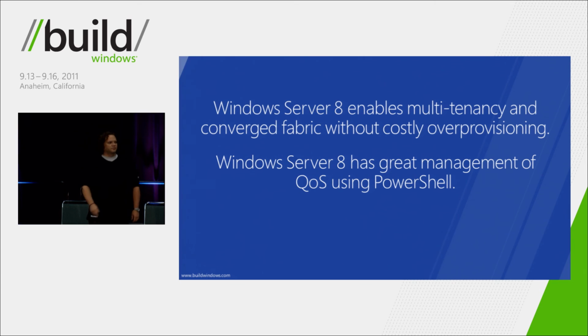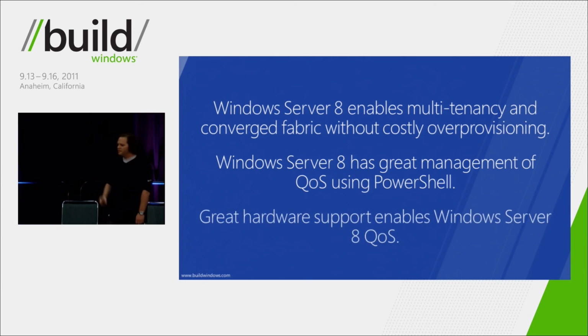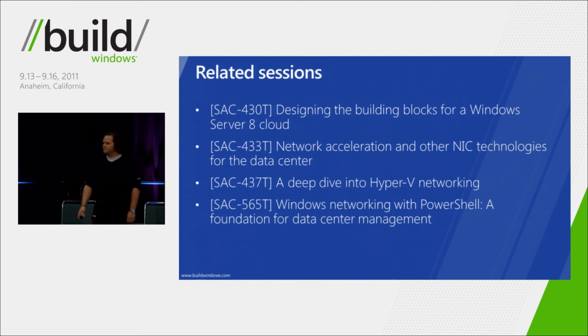And they're also available through WMI if you want to make your own management tools based on those. And finally, great hardware. If you're an IHV, by creating great hardware that supports the maximum of 8 traffic classes, you'll also enable great support for QoS in Windows Server 8. And with that, I'll point at some related sessions and open up the floor for questions.